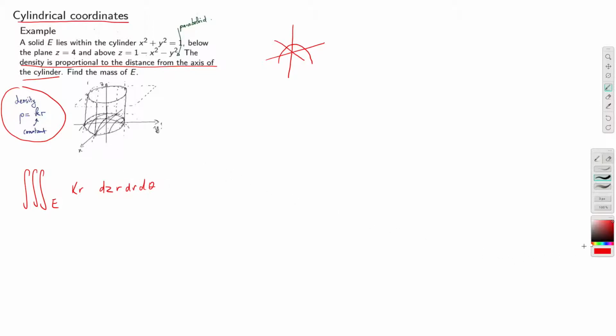So let's change color and get what E is equal to, in terms of r, theta, and z. Based on the equation x squared plus y squared equals 1, we know that is r squared, and therefore r equals 1 because you square root both sides. So r exists between 0 and 1.